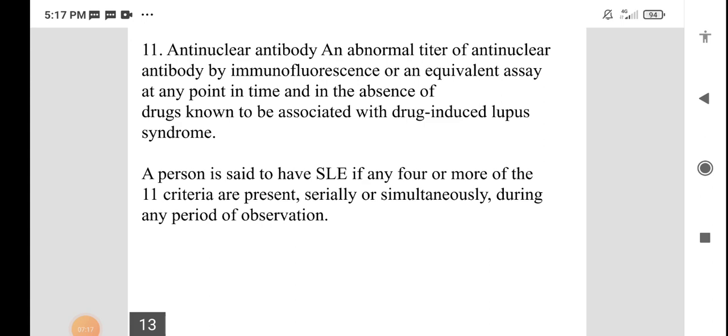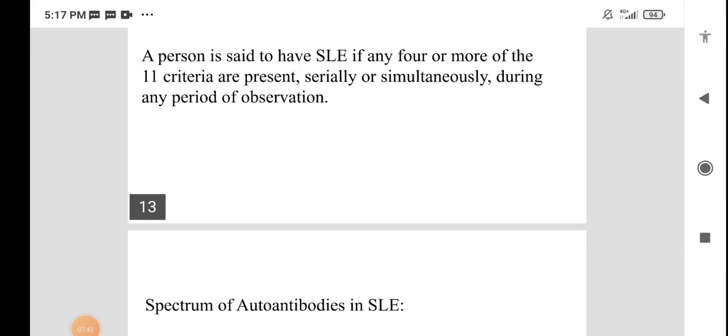Antinuclear antibody: an abnormal titer of antinuclear antibody by immunofluorescence or an equivalent assay at any point in time and in the absence of drugs known to be associated with drug-induced lupus syndrome. A person is said to have SLE if any 4 or more of the 11 criteria are present, serially or simultaneously, during any period of observation.